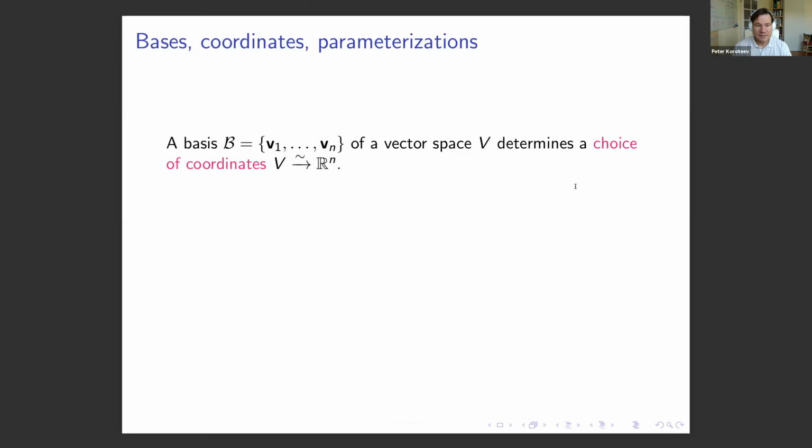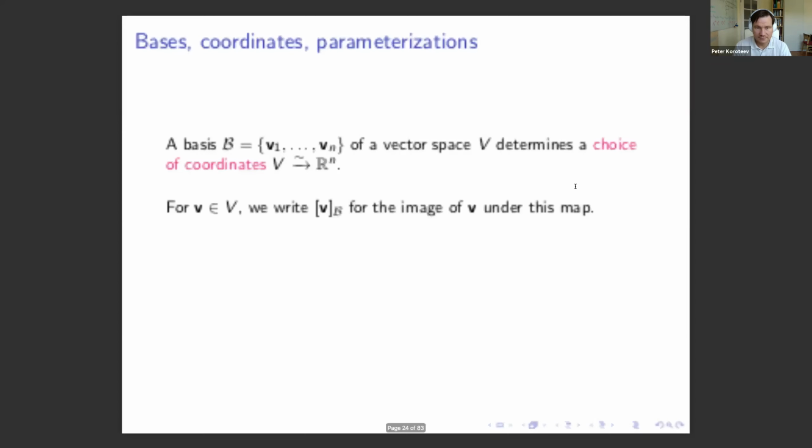Now, if you have a basis v_1 through v_n of a vector space V, we get a choice of coordinates map V to R^n. And then we'll use the notation v subscript B, where B is the choice of the basis, for the image of vector v under this map.